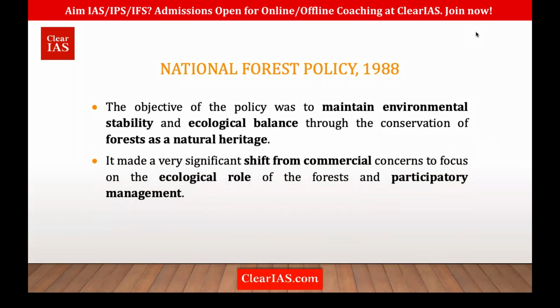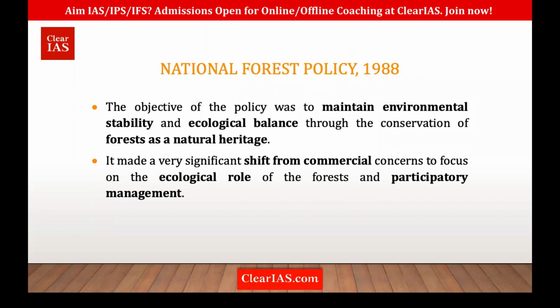Also, they understood that initially they tried to put in the Forest Conservation Act with total protection. But then they understood that there should be people's participation, right? Especially the tribals of the region. Only if they are taken into account can the forest be conserved. So this forest policy took up a participatory approach.